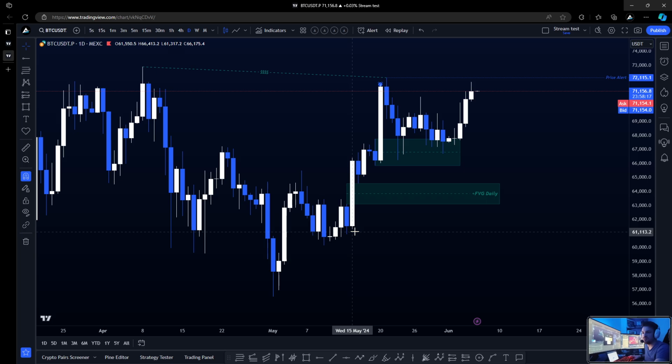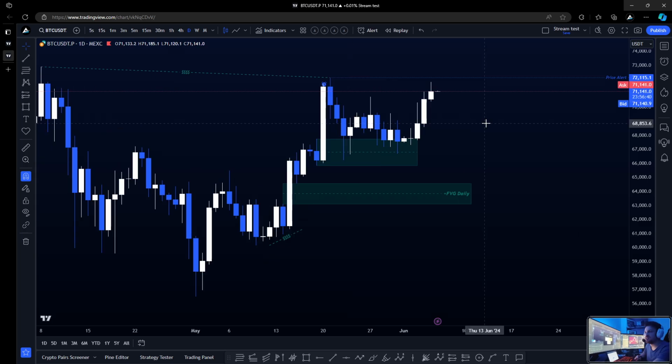So for example, what will technically happen if we SFP this high is that in theory we are making this lower section weaker, because it would mean that it's a failed breakout attempt. And when we fail to break out of certain areas, the opposing liquidity becomes a target.